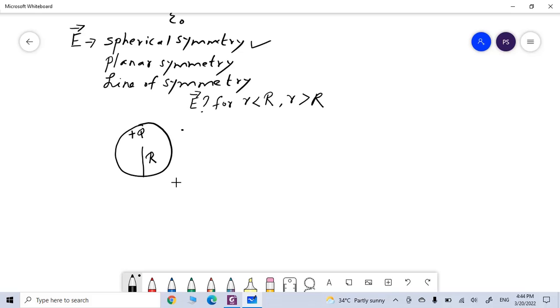We just want to calculate the electric field at this particular point.